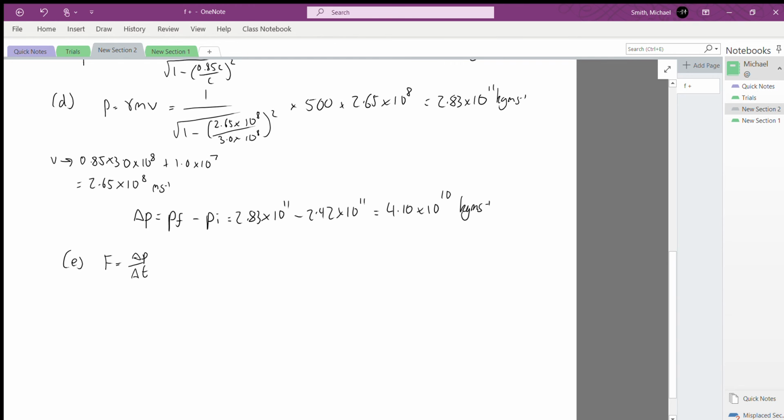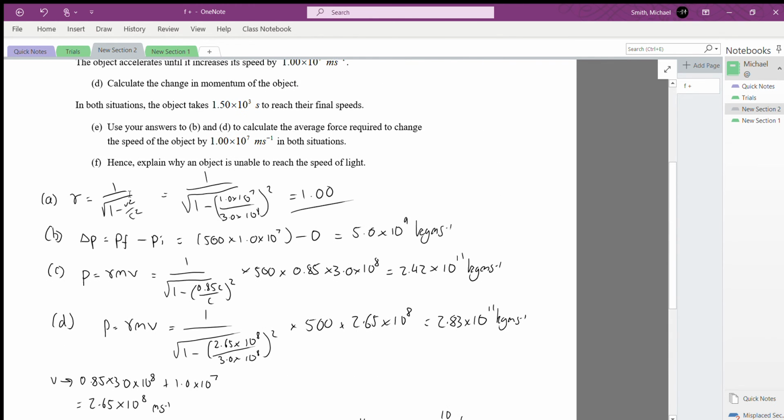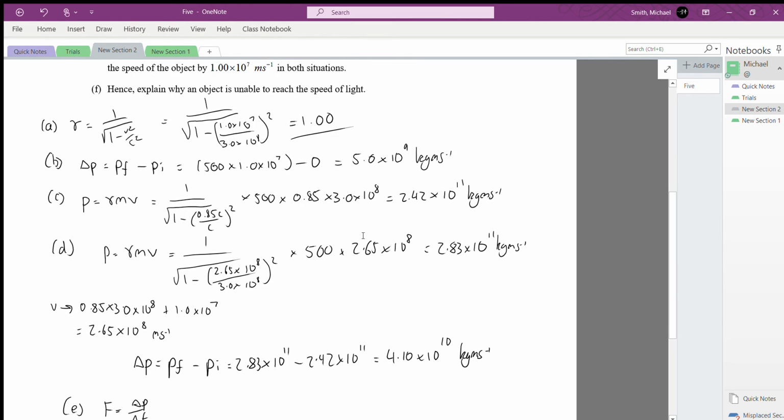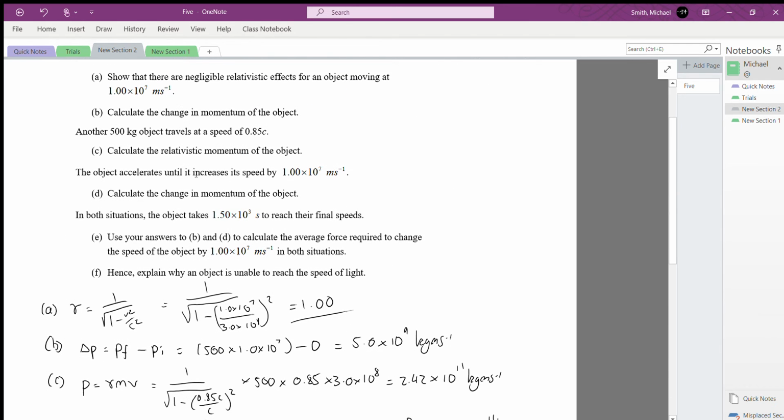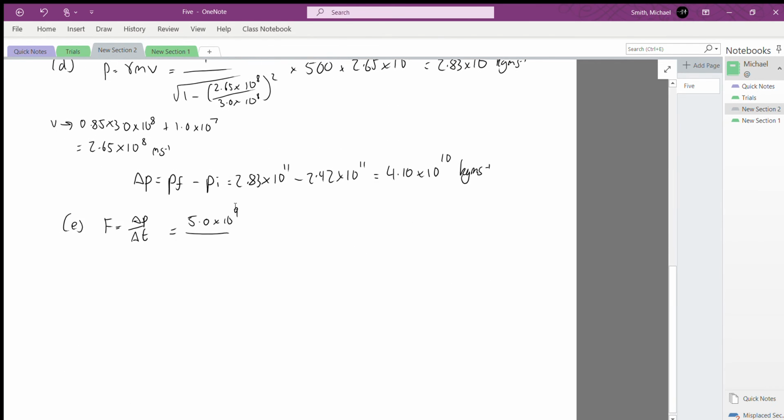So for the non-relativistic change in momentum, we have our change in momentum as 5 times 10 to the power of 9, and that all occurs in a time period of 1.5 times 10 to the power of 3 seconds.